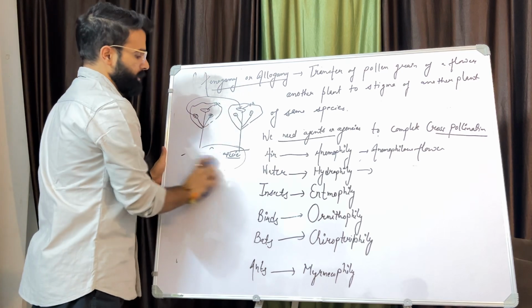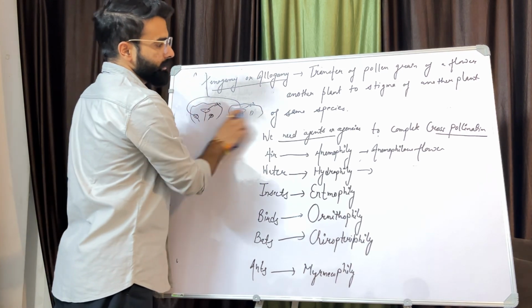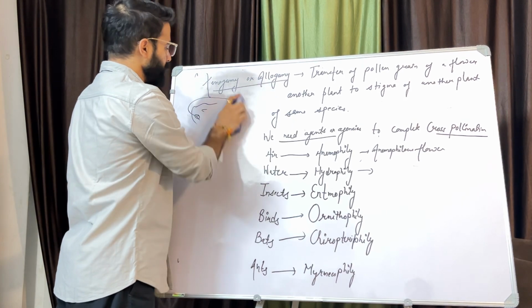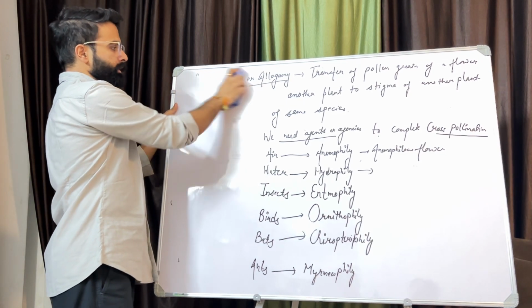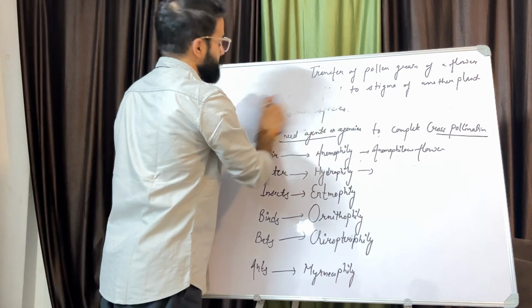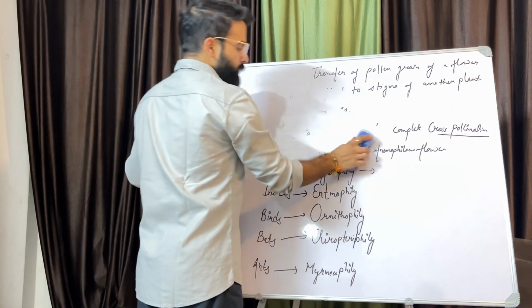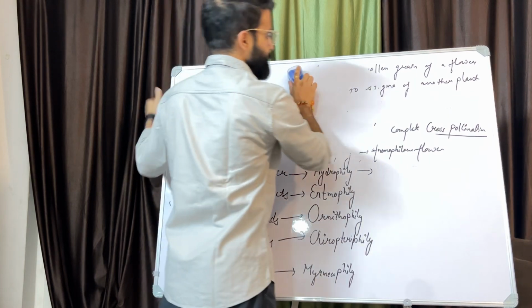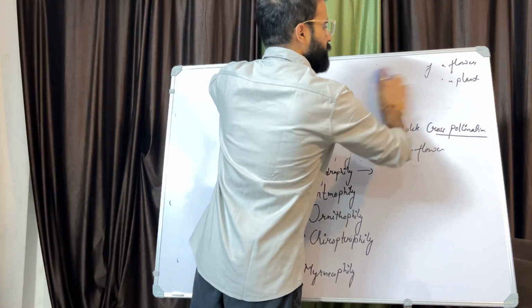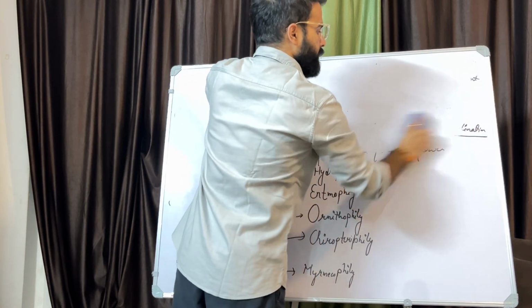For cross pollination, these agencies are very important. If these agents are not available, then cross pollination does not take place. So for cross pollination, we need agents which complete this process.